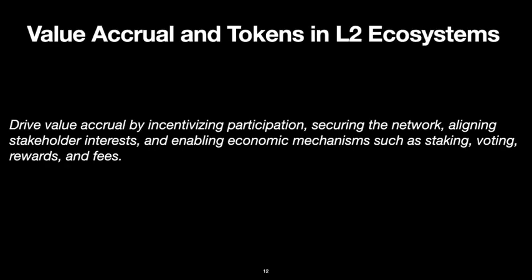How do these L2s, if they were to issue tokens, how does value accrue to these tokens? And more importantly, does one even need a token for a layer 2 system?